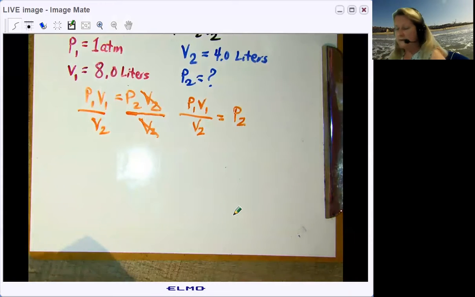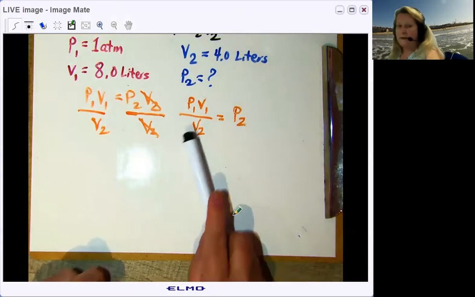Now, when doing these gas law problems, generally I think it's easier if you do the algebra first, and wait until you get it set up to plug the numbers in that are in the problem, okay? So let's plug some numbers in.